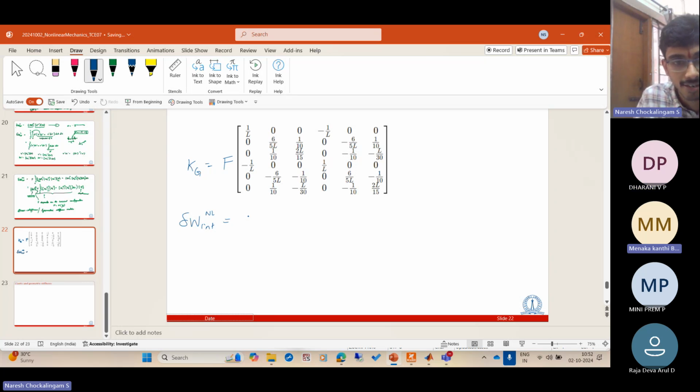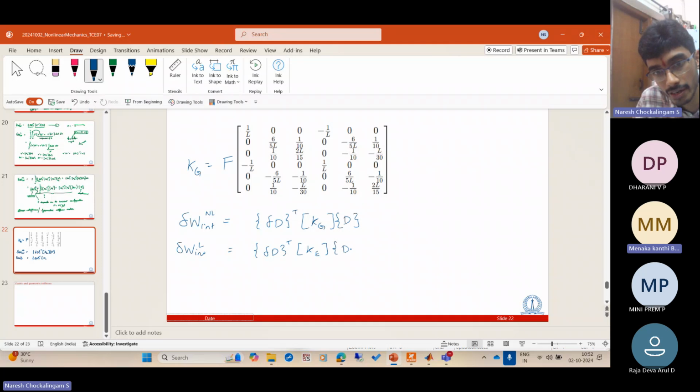So the nonlinear part of the internal virtual work done is del D transpose kg D. Then del W internal, the linear part, is del D transpose KE D. Next we have del W external, which is del D transpose times the applied force. Let me say it: F external is what we are applying.